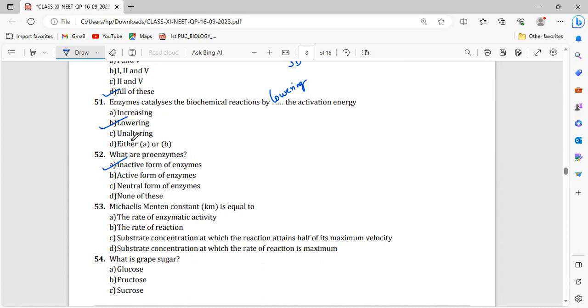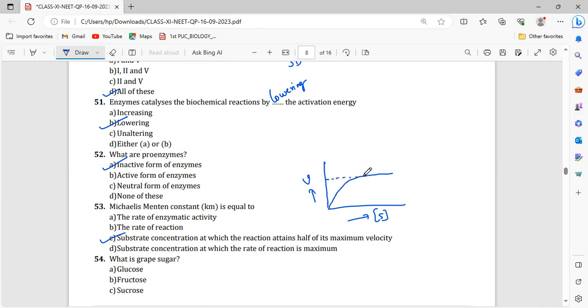Then 53. Michaelis-Menten constant is equal to the substrate concentration at which the rate attains half of its maximum velocity. If this is a graph, with substrate concentration on one axis and enzymatic activity on the other, this is how the rate changes with substrate concentration.